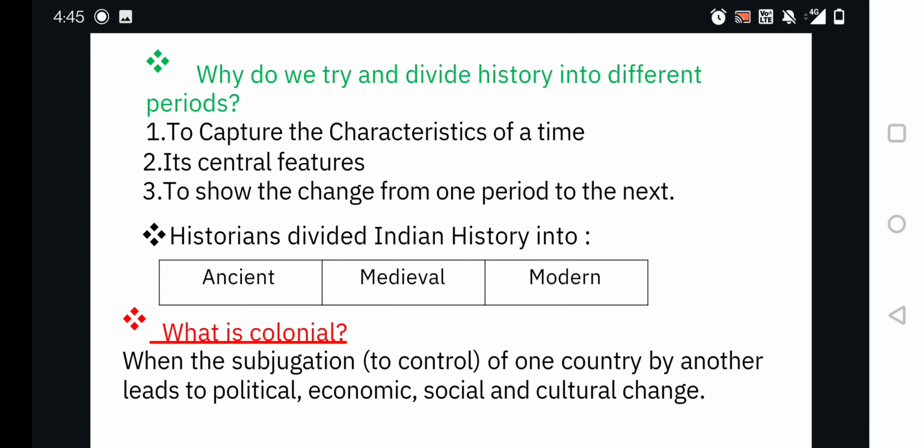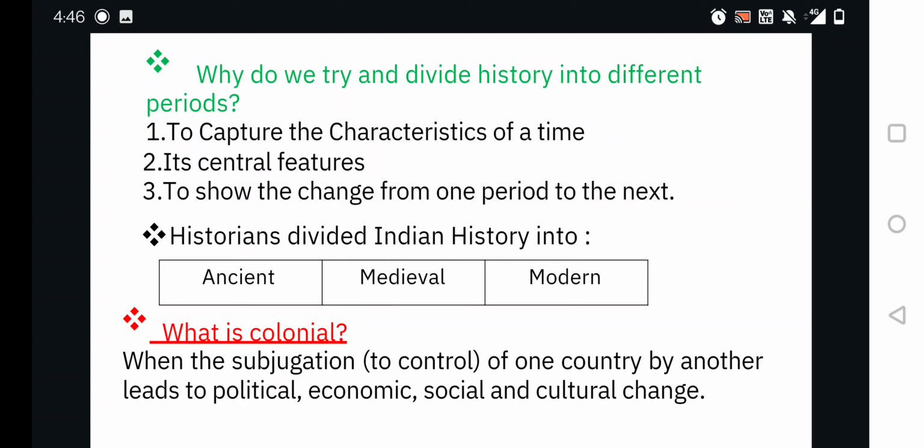We do it so that we can capture the characteristics of a time period. When we talk about ancient history, we see similar things, like the early period of development and its central features, what basically happened, so we can connect those together and learn easily.